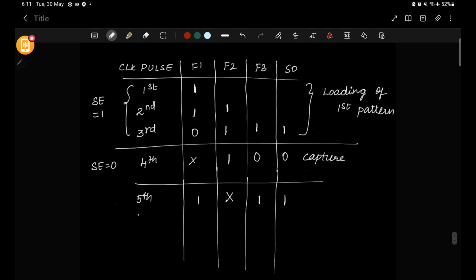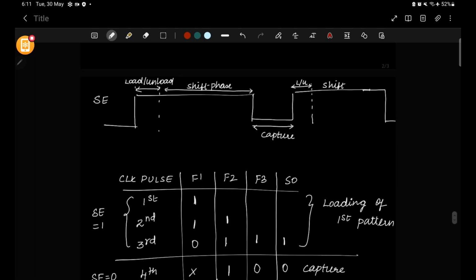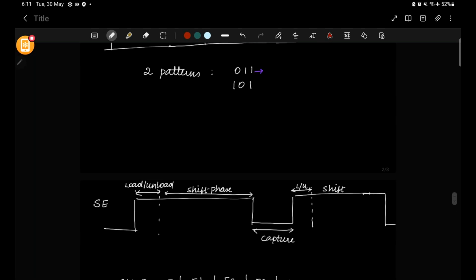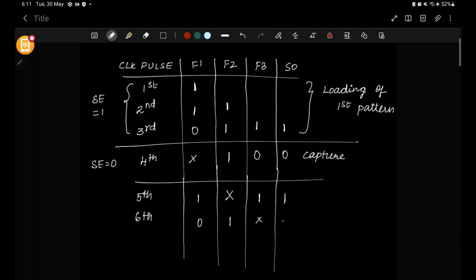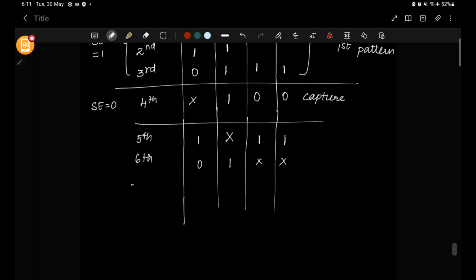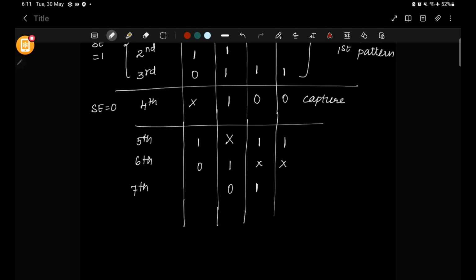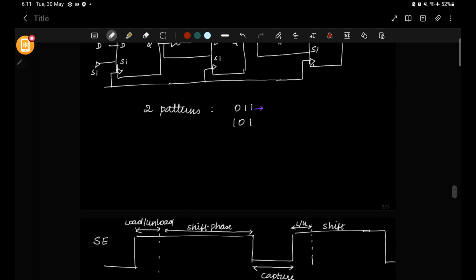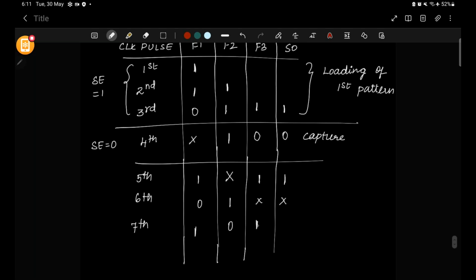Then during the sixth pulse, this value will come here, and the middle bit of the second pattern, that is 0, will come here. Flip-flop 3's output is only connected to scan out, so it will be X. At the seventh pulse, this value will come here, this value will come here, and the MSB bit of the second pattern will come here.